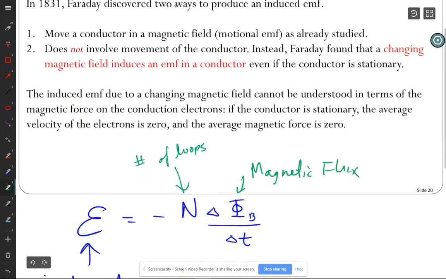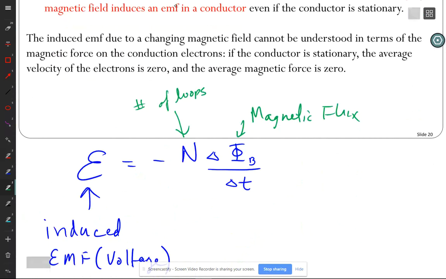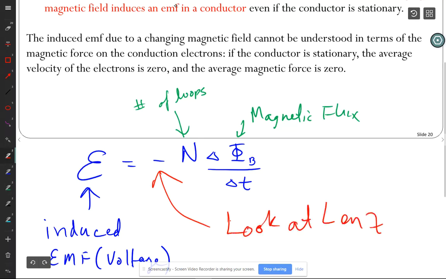And the minus sign has a very important purpose. Look at Lenz's law. I haven't talked about Lenz's law, but I will. And that's the purpose of that minus sign. Lenz's law is the law that tells you what direction the current is going to flow, or which side's going to be positive and which side's going to be negative.